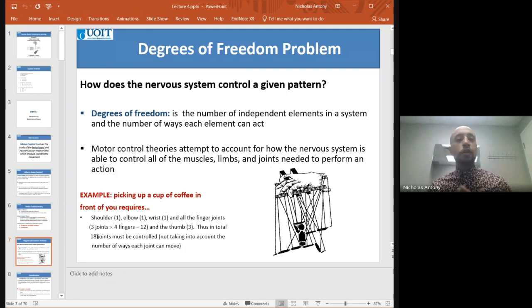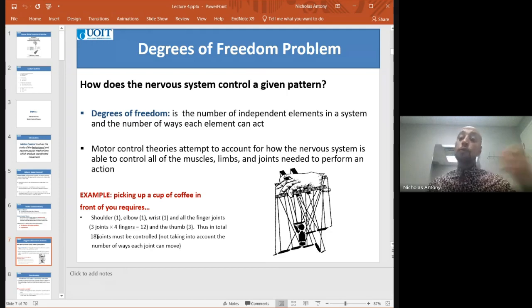So theories wanted to understand, let's come up with some ways that explain how the body is able to control so many different joints at once. Does it have to process it every single time? If I'm going to be picking up a cup, do I look at the cup and have to process specifically what muscles to contract?